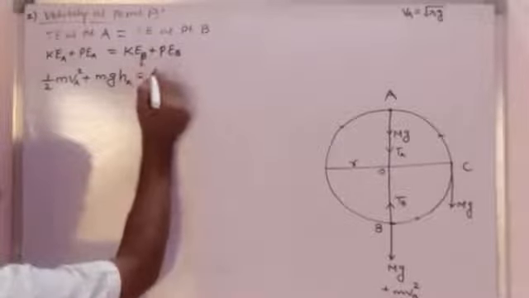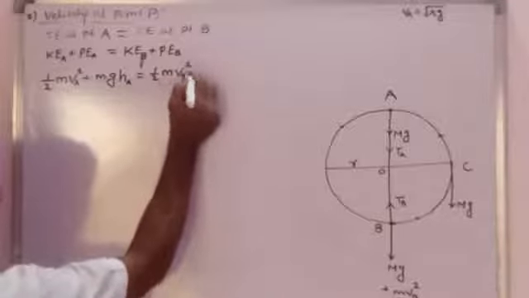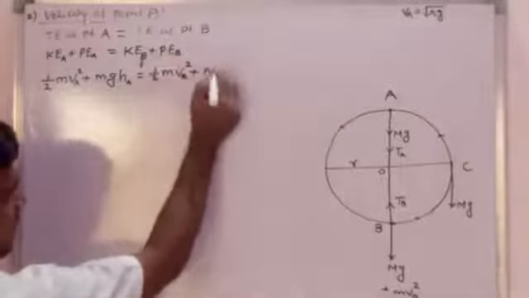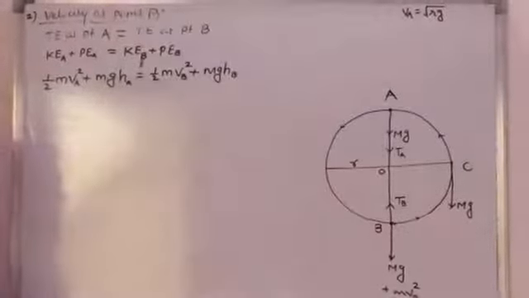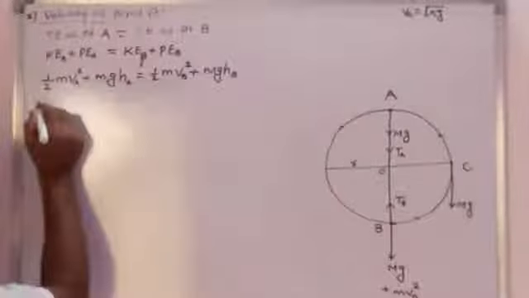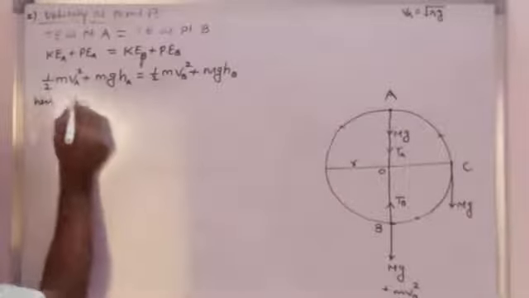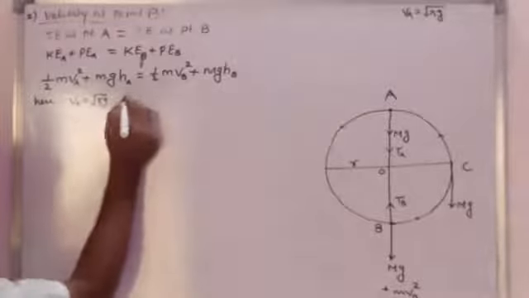Here kinetic energy of B means half mVB square plus potential energy means mghb, means height of the particle from the lowest position. Now here we have Va is equal to under root rg.